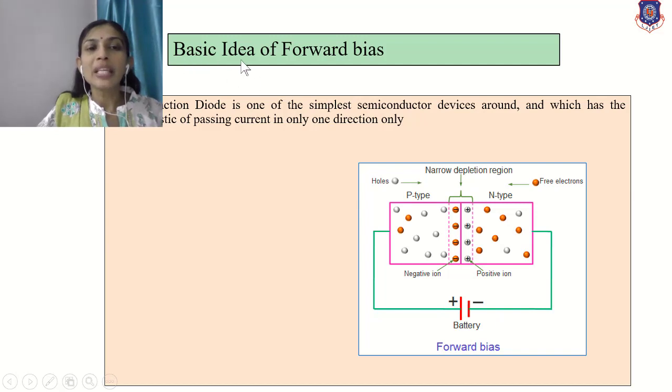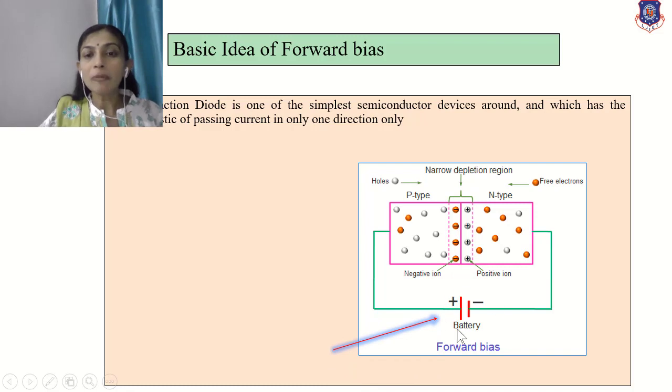This is the basic idea of forward bias. To study the PN junction diode, it's very necessary to understand forward bias and reverse bias. Based on the battery connection, we decide this is the forward bias connection.